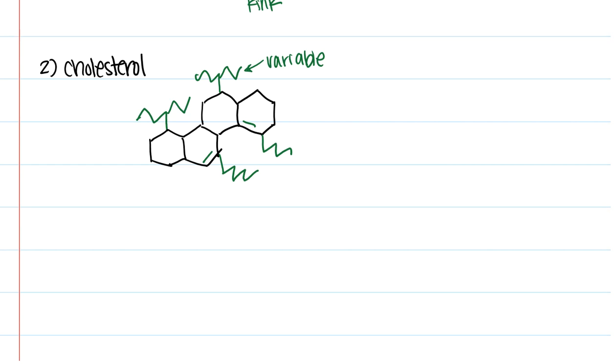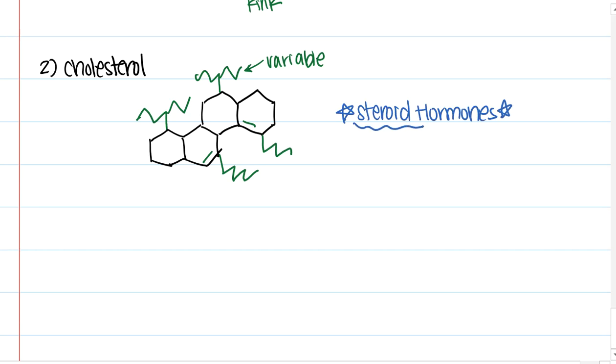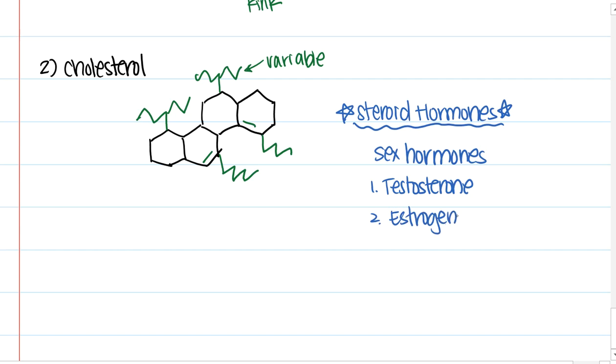The variables are there for us to understand that the cholesterol molecule is associated with steroid hormones. And steroid hormones, the main ones that we have to remember are the 3 sex hormones: testosterone, estrogen, and progesterone.